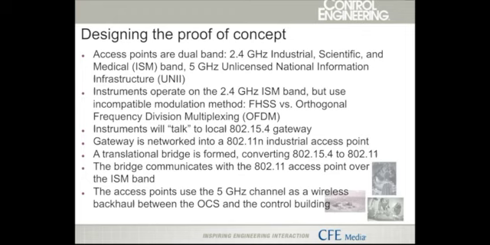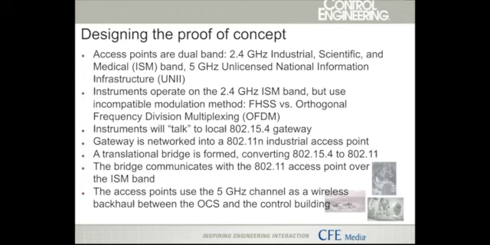So there had to be a way to convert the primary sensor data to Wi-Fi. As you see, the instruments will talk to a local 802.15.4 gateway. 802.15.4 is a personal area network IEEE standard. You probably recognize it as Bluetooth, which uses the same basic modulation technique.